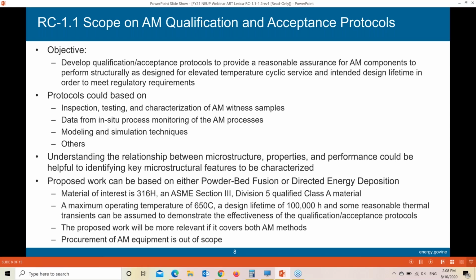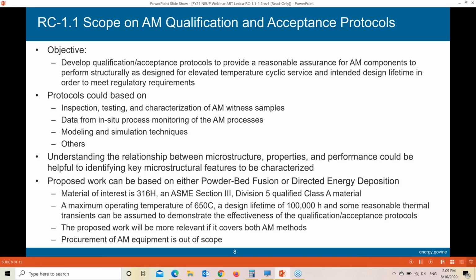So we need to understand the relationship between the microstructure properties and performance in order to understand which of the key features need to be characterized and monitored. The scope does limit us to two different types of additive manufacturing techniques: powder bed fusion or directed energy deposition, DED.